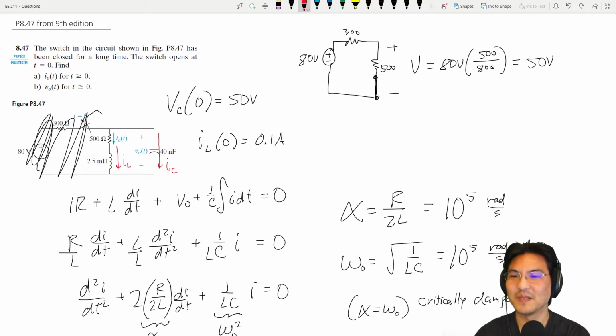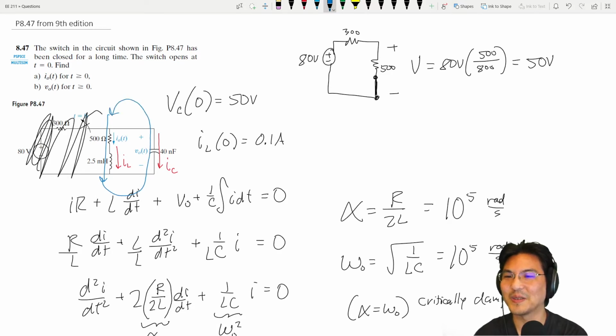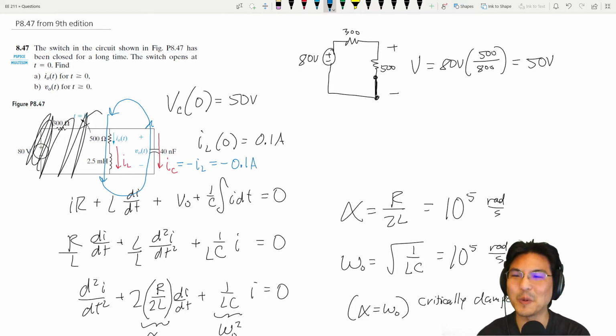So going this way is 0.1, and then it goes around counterclockwise, 0.1. So actually I_C is negative I_L. So it's negative 0.1, just the way it's labeled, because I didn't draw these. It was already on the picture.